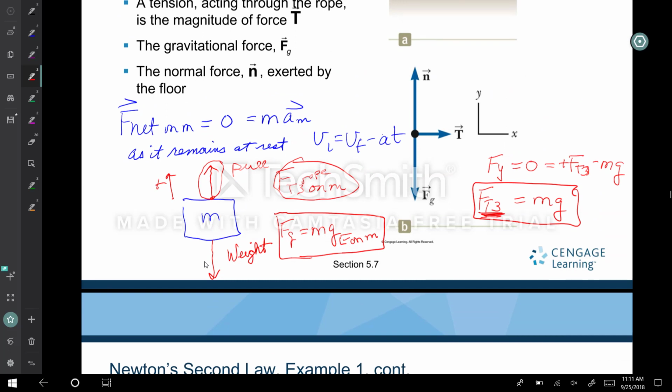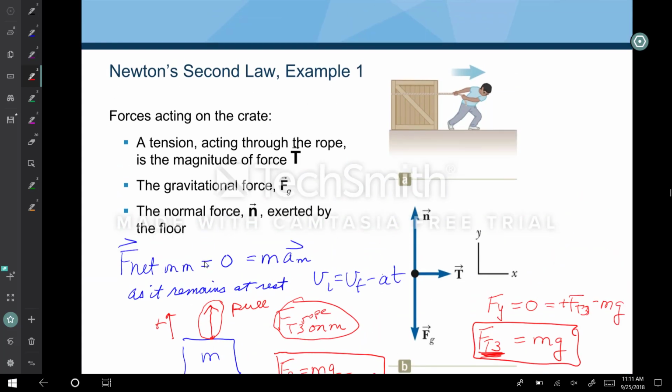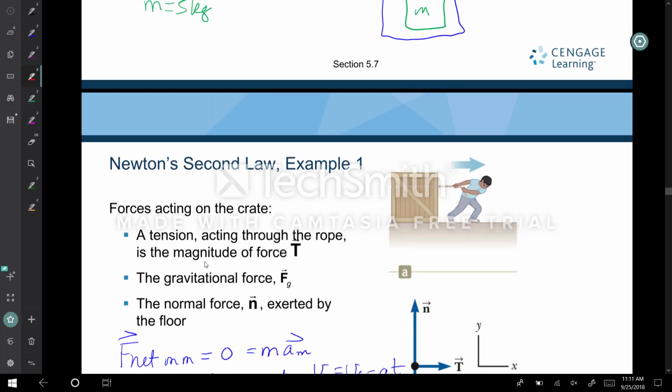Here is the insight you need to use. Where do the three tensions act? On what object do the three tensions each act? They all act on the knot where they are connected.